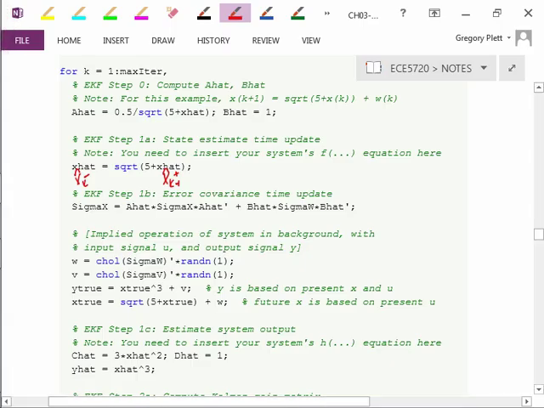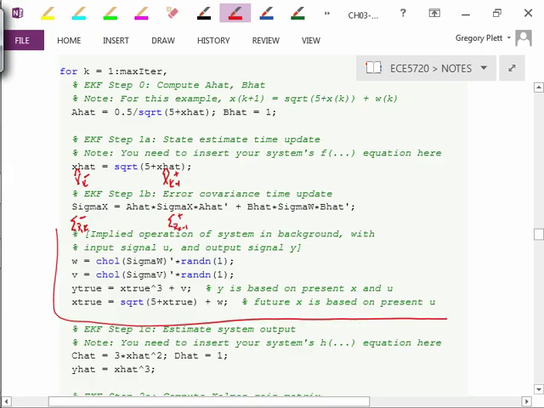Step 1b, I simply implement the equation that's given. It's sigma x equals A sigma x A transpose plus B sigma W B transpose using the hat matrices, where this here is sigma tilde x K minus 1 plus, and this is sigma tilde x K minus.